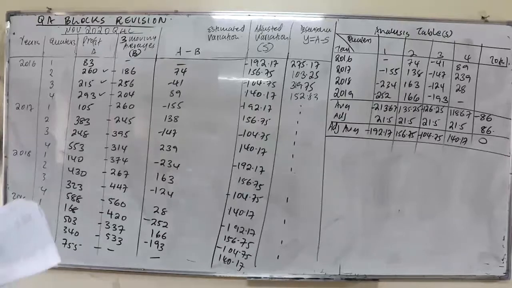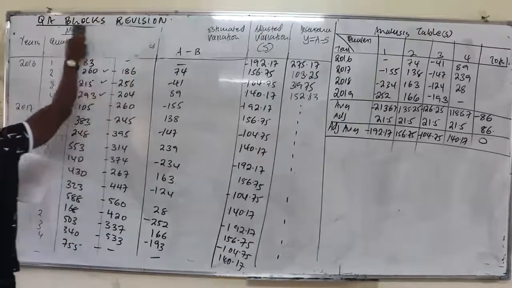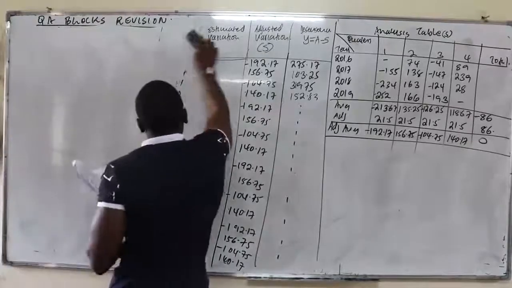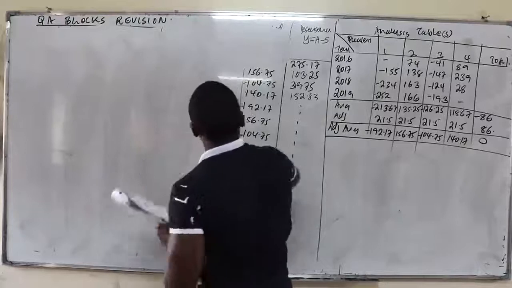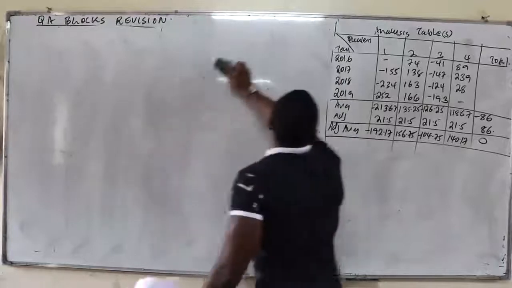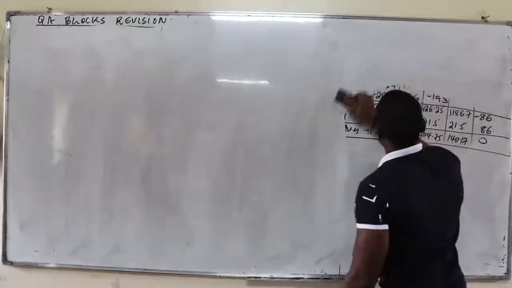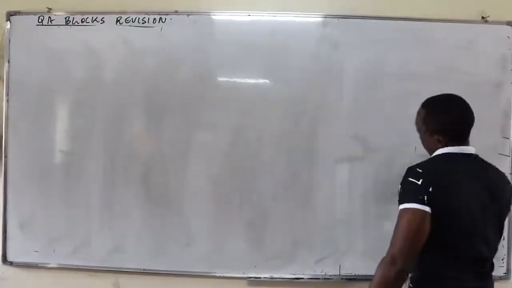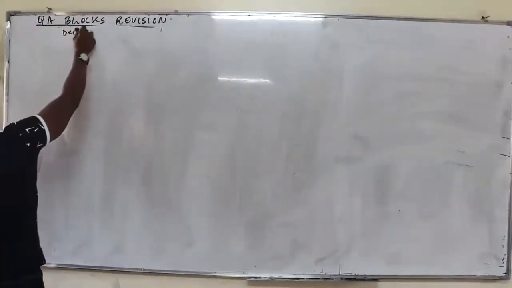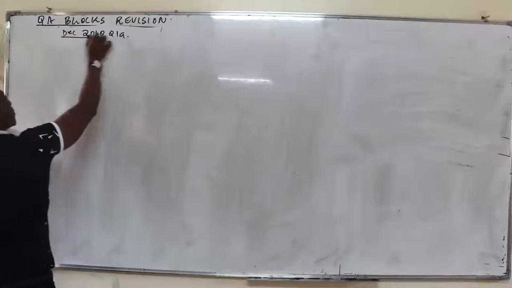So let's try the last question. December 2010, question 1A. It's a question on exponential smoothing.